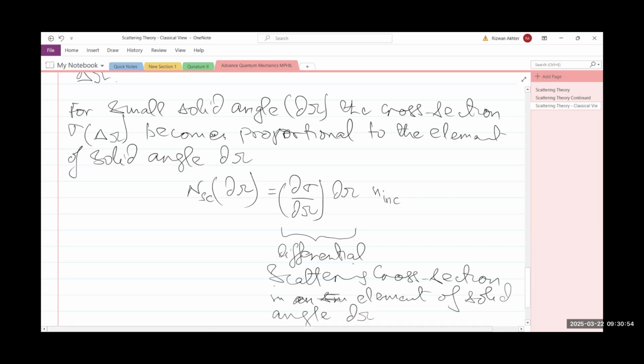Yeah, so this is how we in fact read this statement on the right hand side.